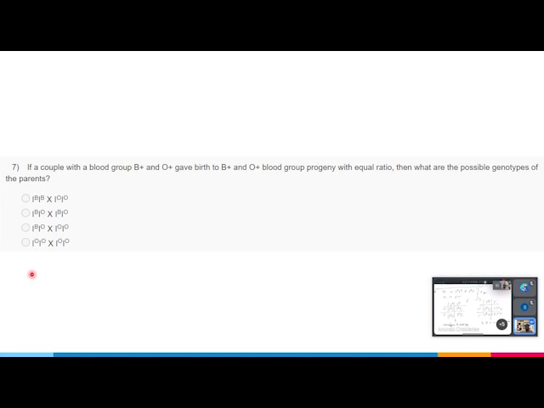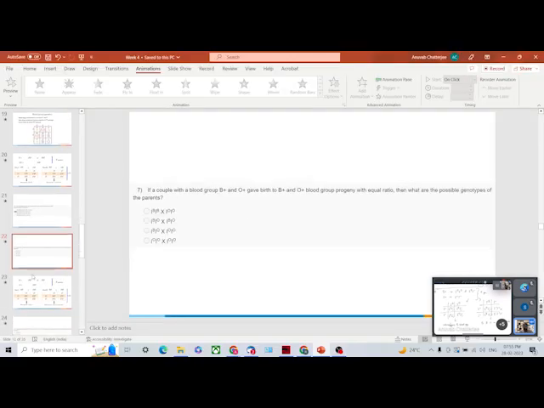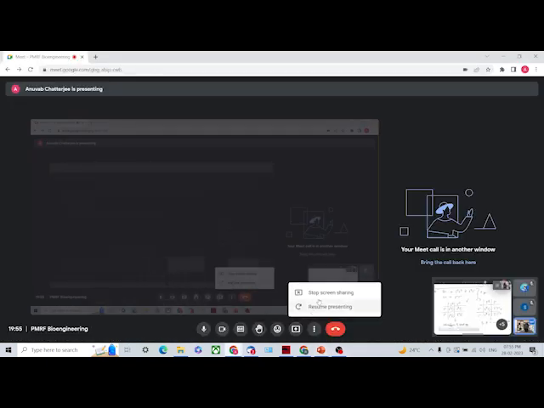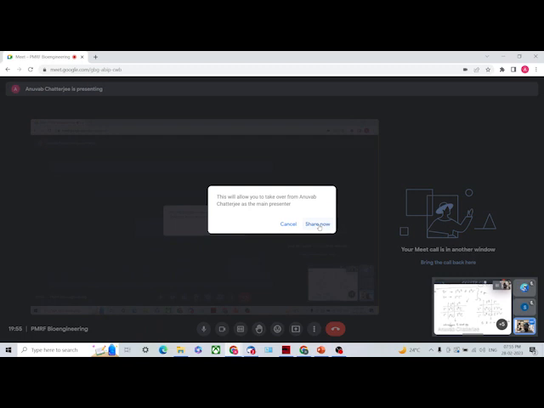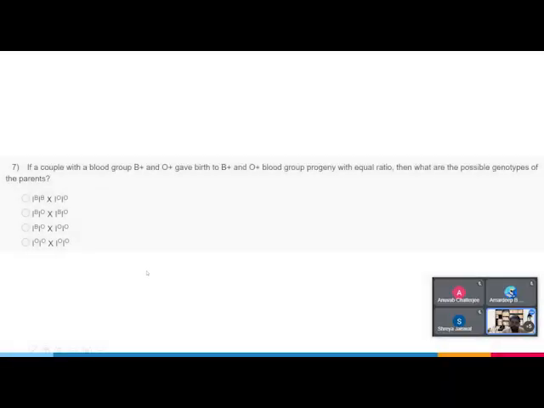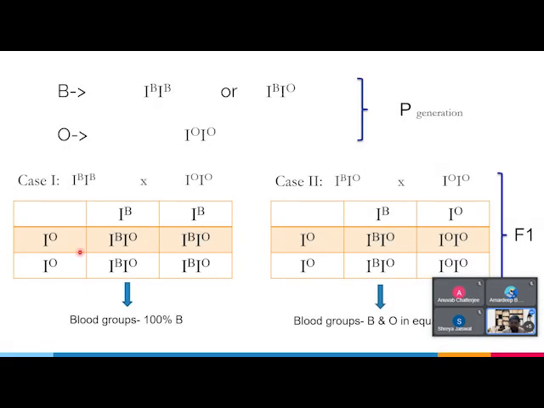So given the question, let us go back to the presentation. If the couple has children in equal ratio, then what are the possible genotypes that the parents could have? Blood group B can be IB-IB or IB-IO, and for O it could only be IO-IO.